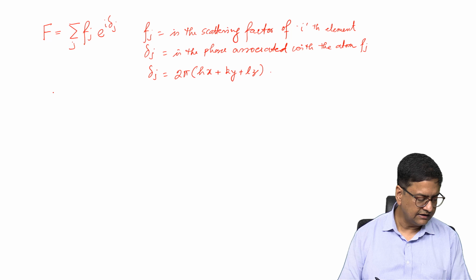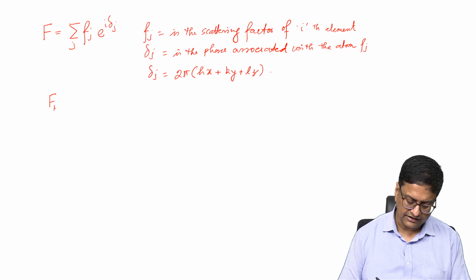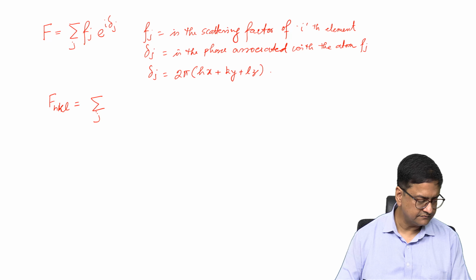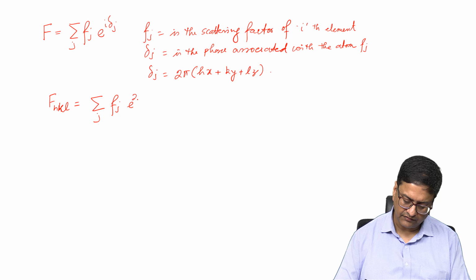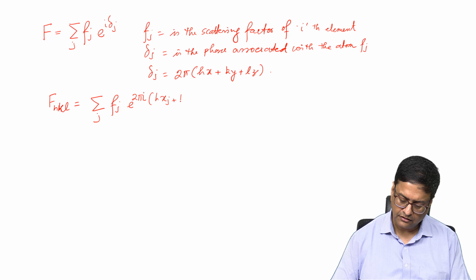So, this F in terms of FHKL can be written as sum over j Fj e to the power 2 pi i (Hxj plus Kyj plus Lzj).